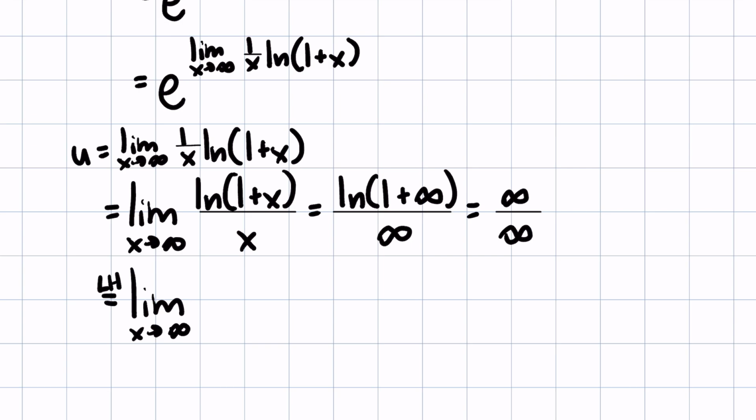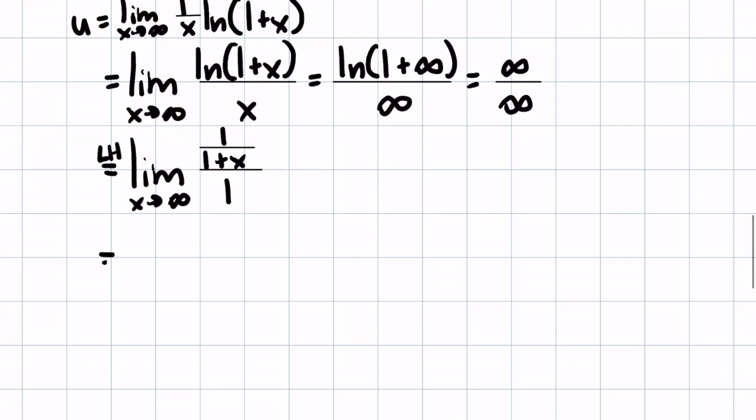So the derivative of ln of 1 plus x is 1 over 1 plus x, and the derivative of x is just 1. So this becomes the limit as x approaches infinity of 1 over 1 plus x.